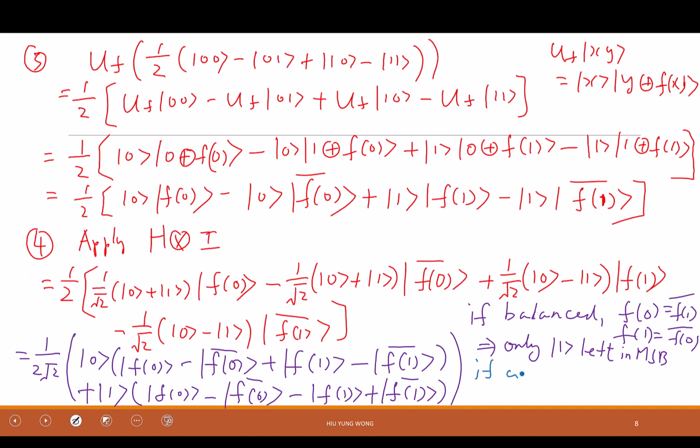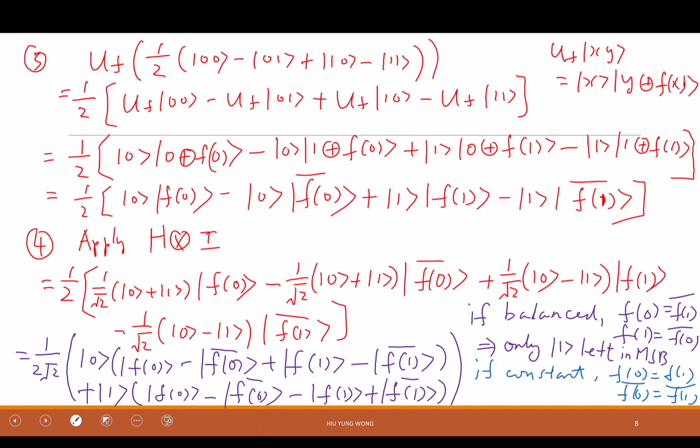If it's a constant function, or not balanced, then it means F0 equals F1. It also means that F0 bar equals, what is that if it's constant? F1 bar. Looks like this. F0 equal to F1, cancel. F0 bar equal to F1 bar, cancel.